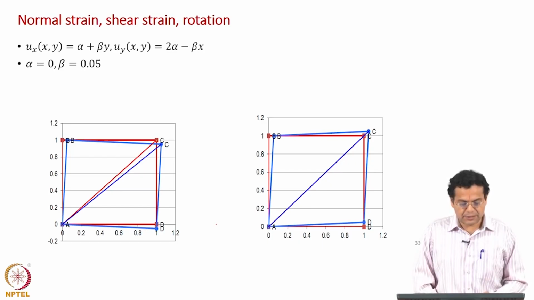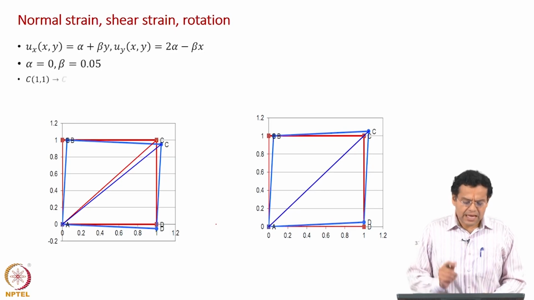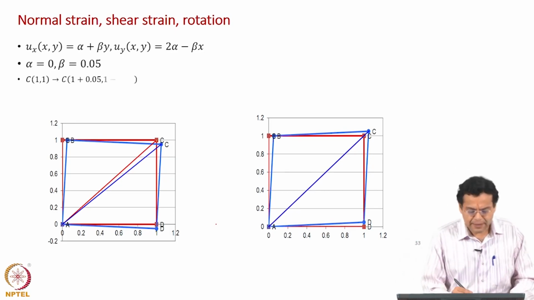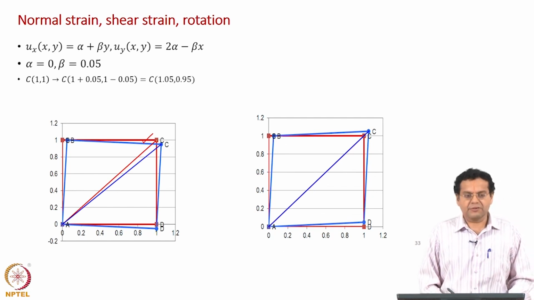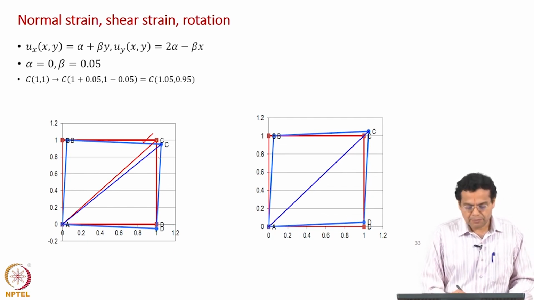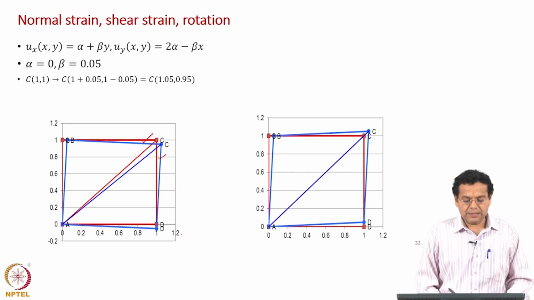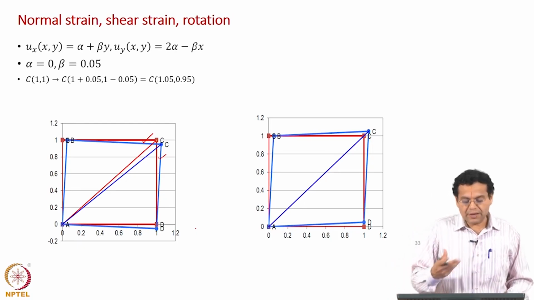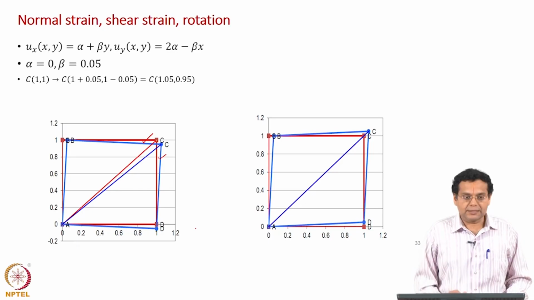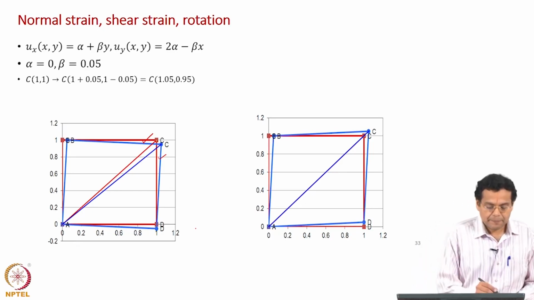Now let us proceed. As we have seen earlier, the red figure represents the initial configuration, the blue figure represents the final configuration. As we have done earlier, to know the final configuration or final state, I need to calculate the coordinates. Let us see how we calculate.